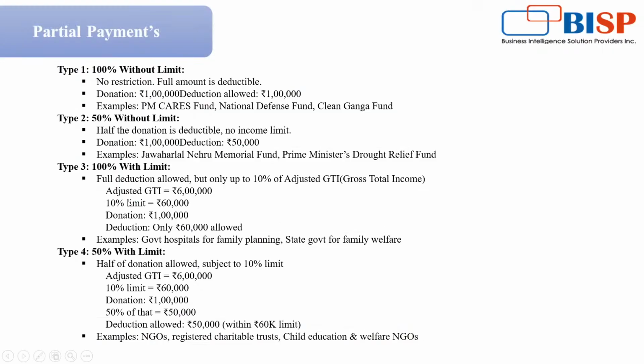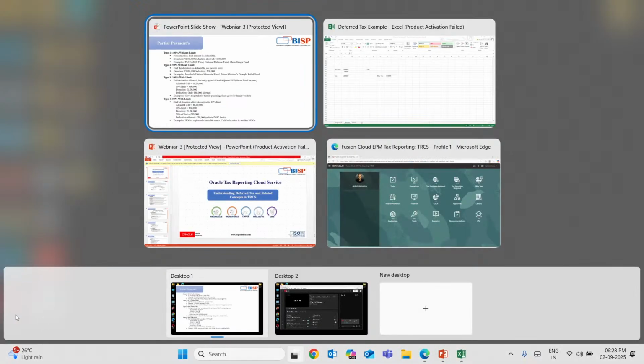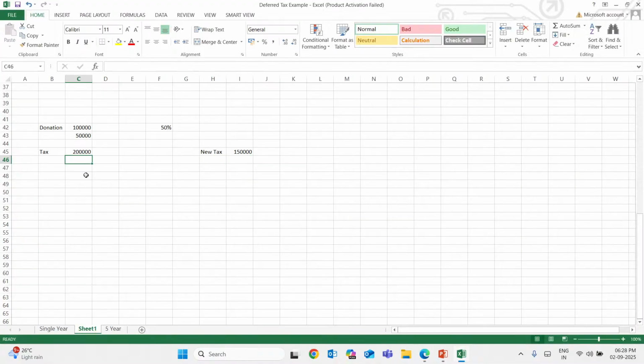3, that 100% with limit, right? So we will go to it. Here we have actually taken the 10% only, but up to 10%, right? For example, we have here the 10%, right?